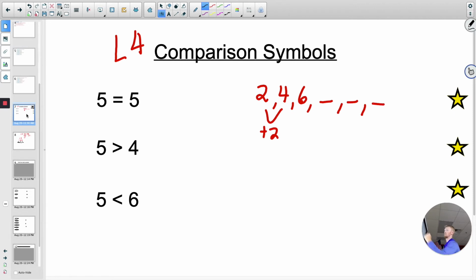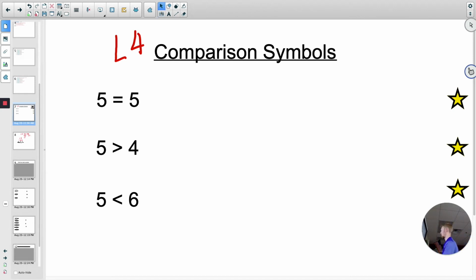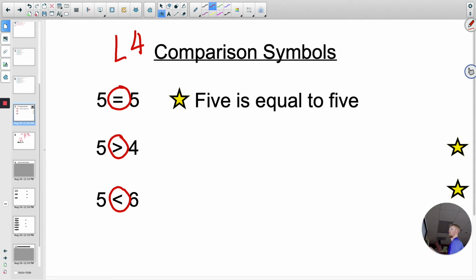All right, so lesson 4, comparison symbols. What I want you to write down in your math notebook are these symbols here that I'm circling. So you'll have lesson 4 comparison symbols on its own page, and then you have equal to, and then the other 2 signs. This first one is equal to.